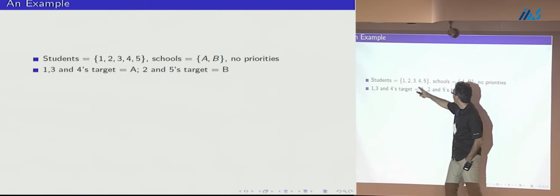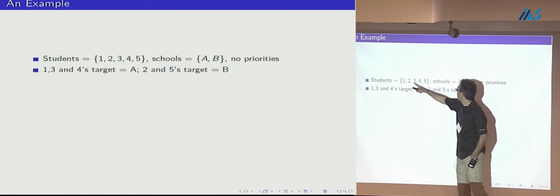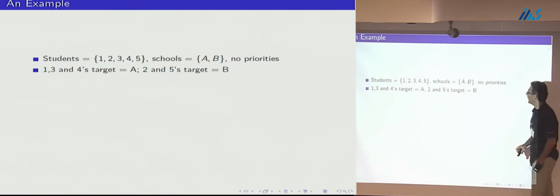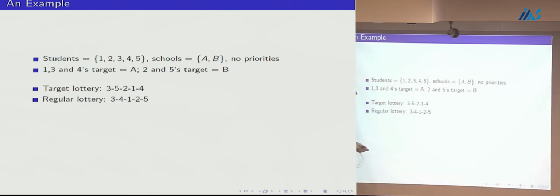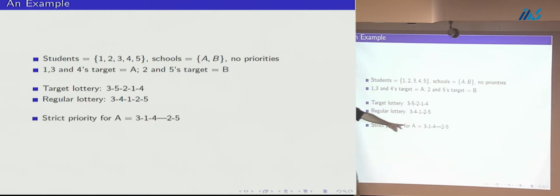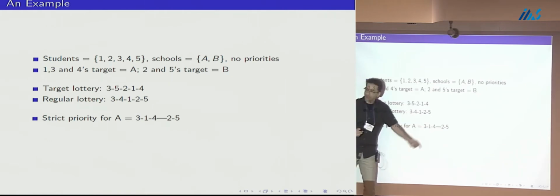So here is a simple example. 1, 3, and 4 target A, 2 and 5 target B, and here are the target lottery numbers. 3 has the best target and regular lottery number. The second best target lottery number belongs to 5, and so on. So how do schools rank? School A, remember, is indifferent between all students. The students have equal priority at that school.